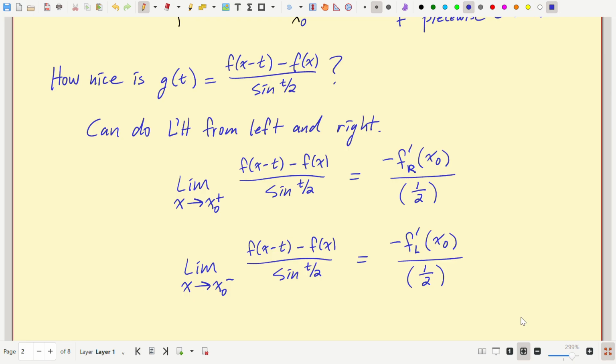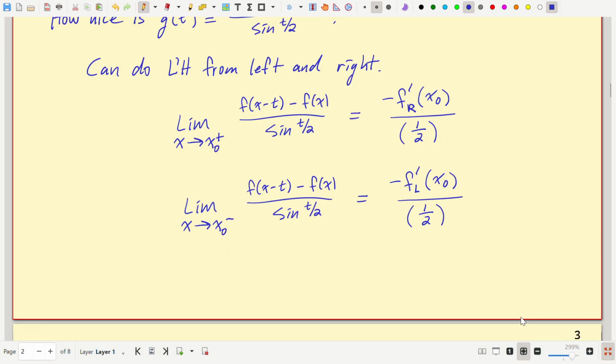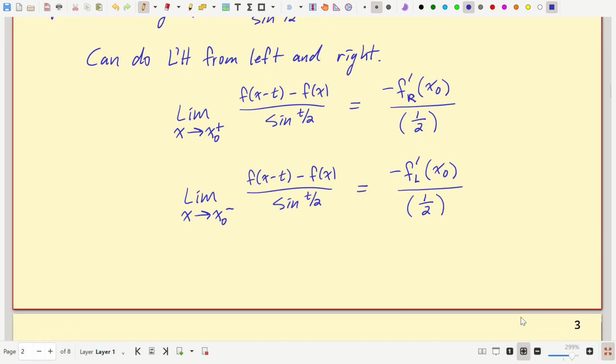So what's interesting here is that g is still nice in the rest of the spots, but at the kink, g has a jump. So what we see here, g is nice, by nice I mean continuous, where f is C1, and those things that hook up.